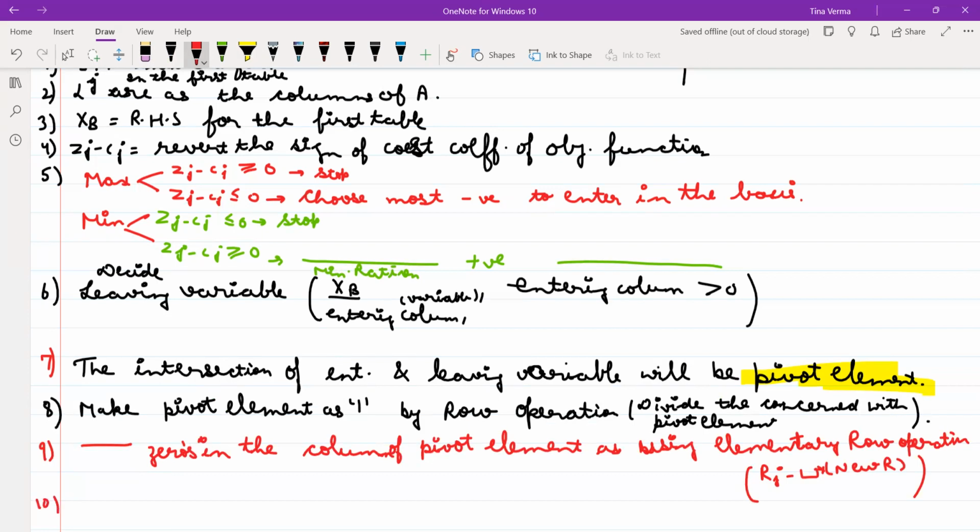So repeat this process. Repeat steps 5 to 9 until optimality is achieved.